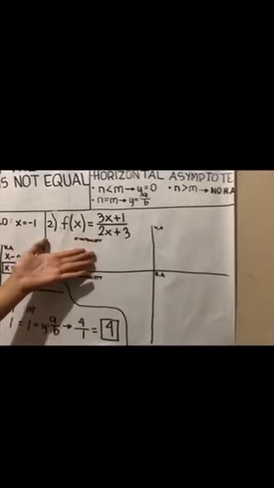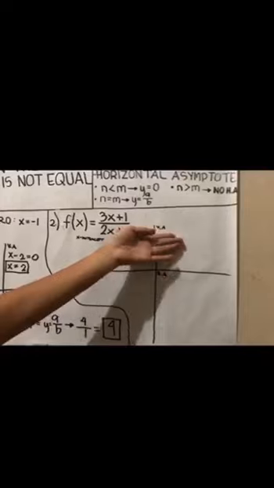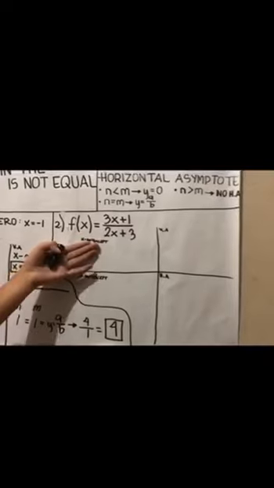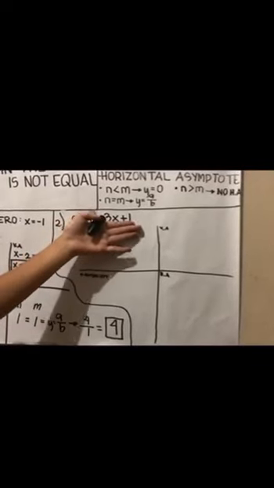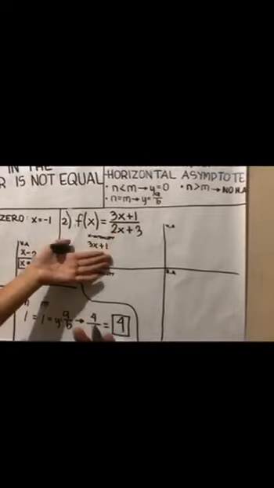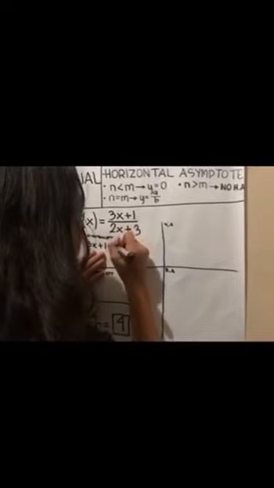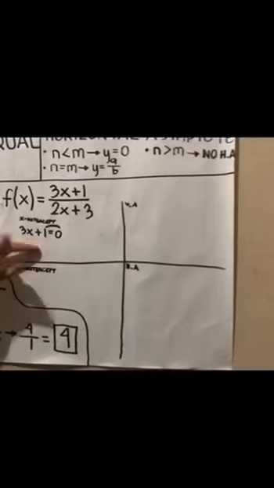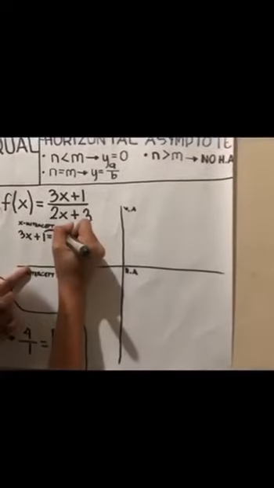So let's try to work on this one. Let's find the x-intercept, the y-intercept, the vertical asymptotes, the horizontal asymptotes, and also the zero. How do we find the x-intercept? In finding the x-intercept, we need to write first the numerator and make this function equal to 0. After that, we will transpose this to the right.